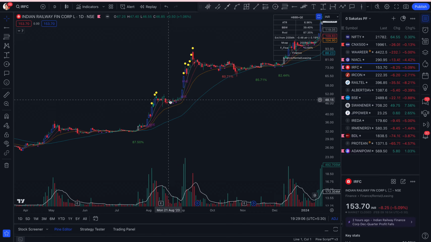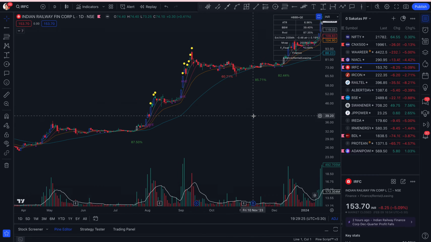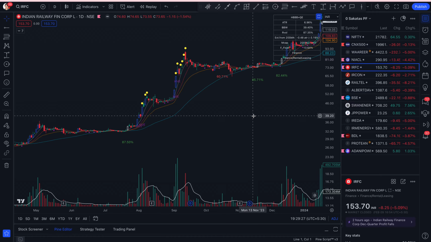The most common moving averages we use are 10 DMA, 20 and 50, and these are red, yellow, and green here. So things move up and then they pull back to the mean, and that's what we call mean reversion, and that happens in almost all stocks in the stage 2 uptrend as well.